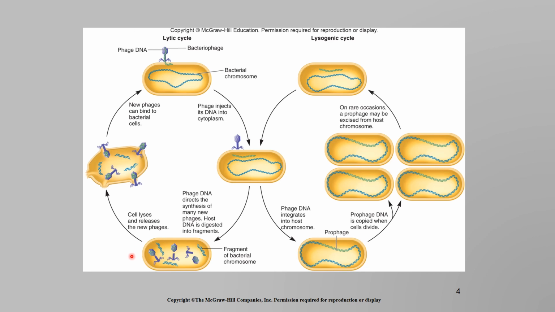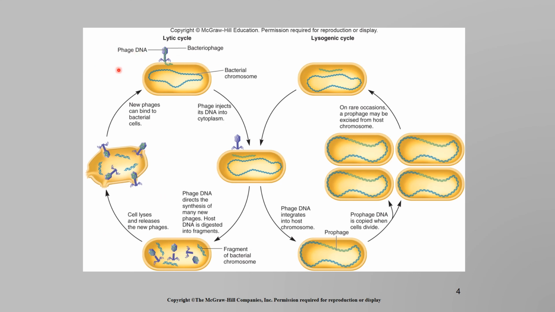So the host chromosome is going to be destroyed, more viral particles are going to be made, more of the viral genome is going to be made, and then the cell is going to be broken. That's a lytic cycle.